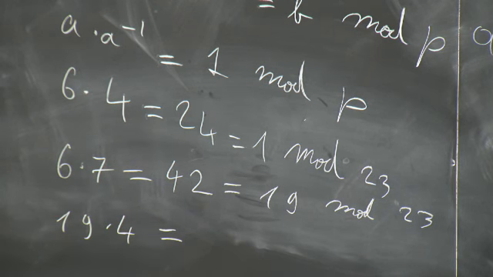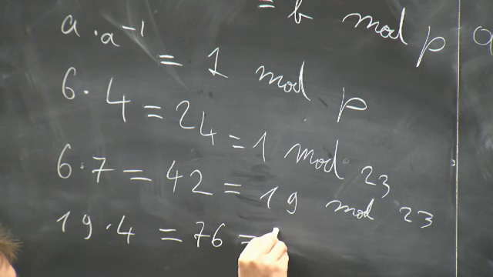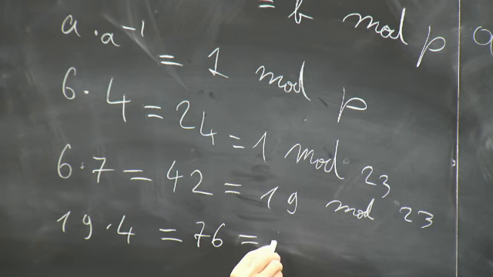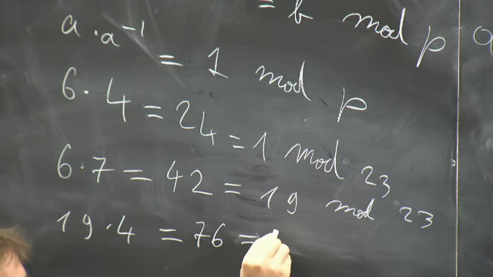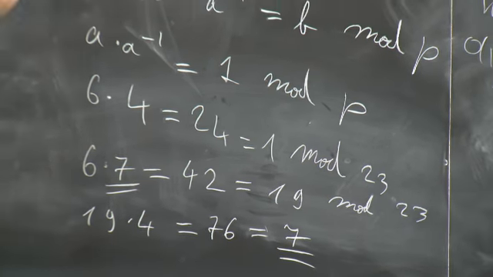What is this? 76. All right. 76 modulo 23? 69, so 7. Yeah, you're totally right. OK. Started with 7, ended with 7. So this works.